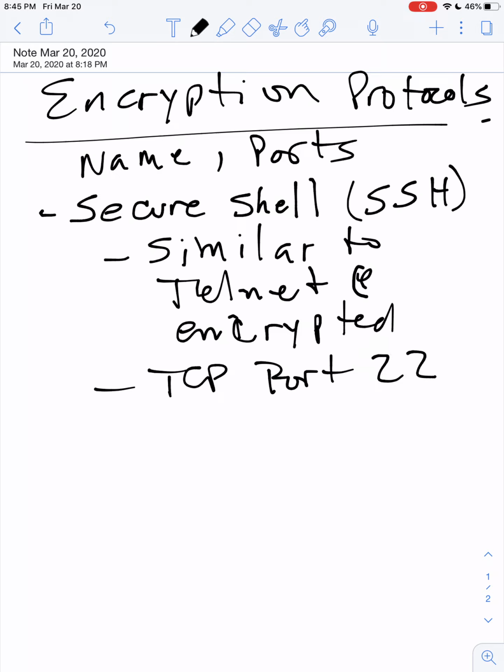Now the other thing about this, not only is it similar to Telnet, SSH can actually be used to establish a secure tunnel between any two devices, similar to a VPN.